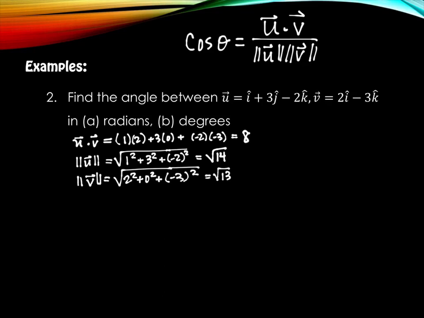Okay, all good? Okay, so we're going to go to doing the cosine of theta is equal to the u dot v, that was the negative 14, over the square root of 14 times the square root of 13. Should that negative 14 mean 8? Sorry, yes. I wanted to have 14s everywhere.